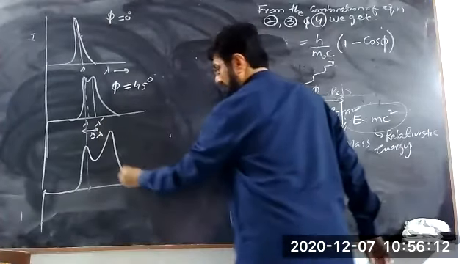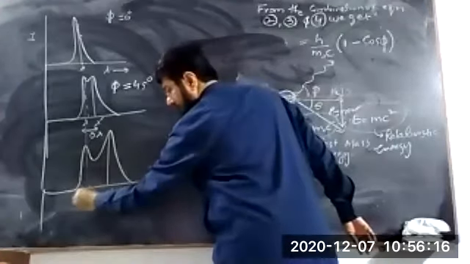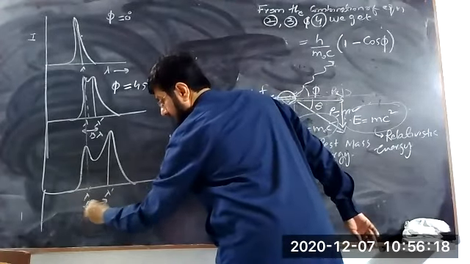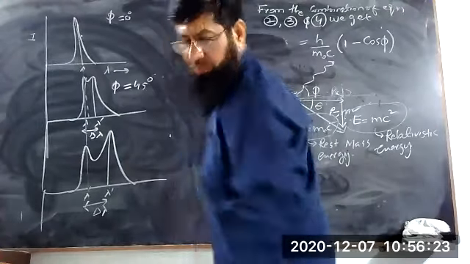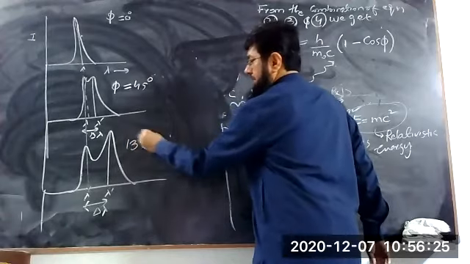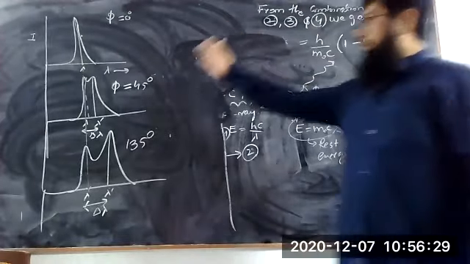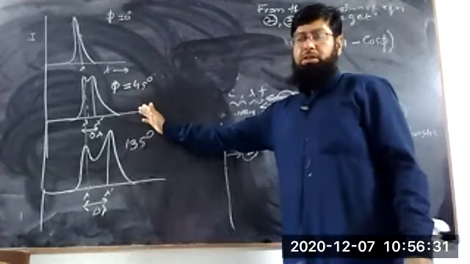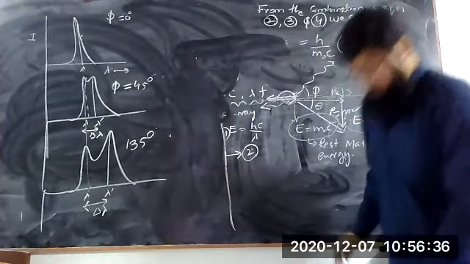This is lambda dash and this is lambda, and this is delta lambda. And let's say this is at an angle of 135 degrees, and so on. So this is how the wavelength is changed. This is what we wanted to show about Compton scattering. Any questions, please?